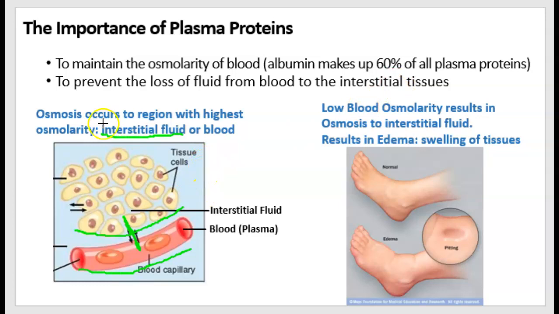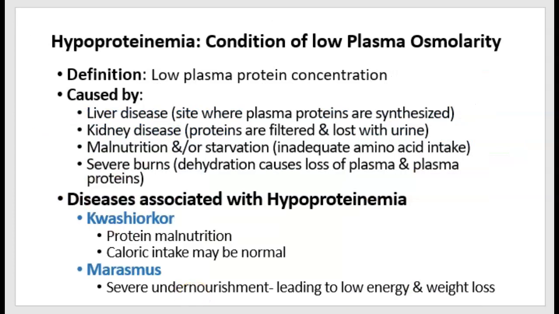In order for osmosis to occur correctly, we have to have enough plasma proteins, and 60% of the plasma proteins are albumin, so albumin's the most prevalent. If we have low plasma proteins, then the blood has less osmolarity, and so osmosis will occur in the direction of the tissues. And so what you get is edema, or swelling of the tissues. So that's one slide that we looked at.